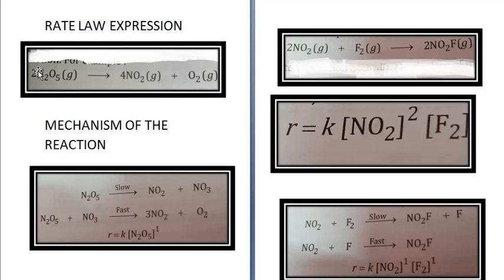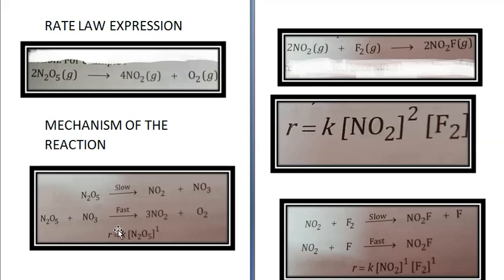Now if you look at the mechanism of reaction, N2O5 first splits into NO2 plus NO3, then N2O5 plus NO3 gives you 3NO2 plus O2. Now in this, the first reaction is a slow reaction and the second one is the fast reaction. Now the rate determining step, we say, is the first.